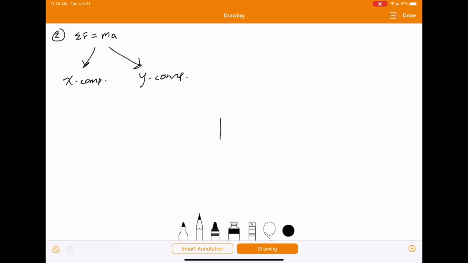So if you had an object and it had some sort of force on it this way, obviously it would be moving up and over. So you would have some sort of m acceleration in the x direction and m acceleration in the y direction. And that would be equal to your sum of forces on this object.